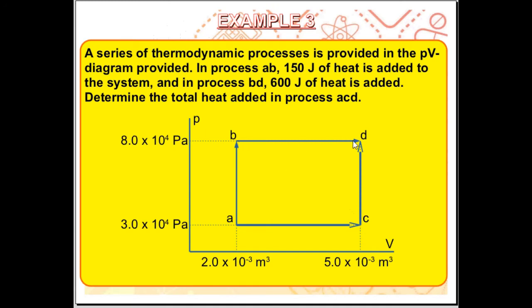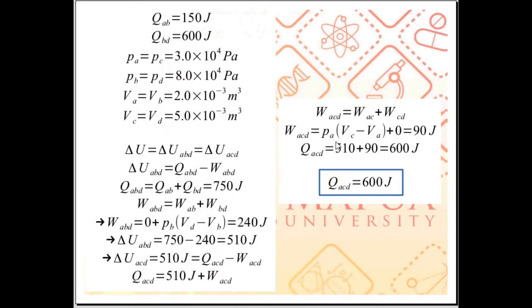Whereas from B to D, the volume changes and the pressure is constant. That means the work done from B to D is just equal to pressure at state B, PB, times the change in volume, VD minus VB.